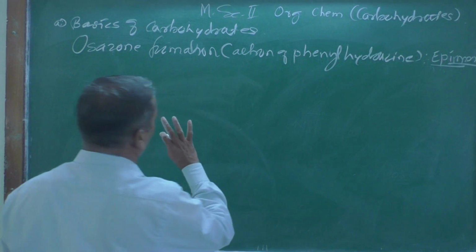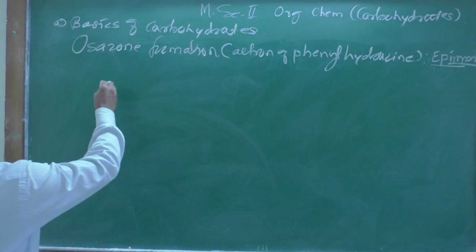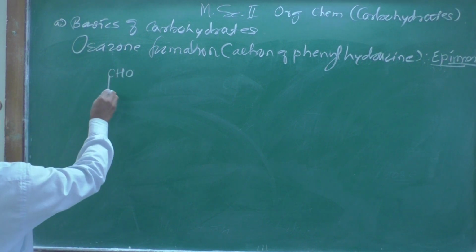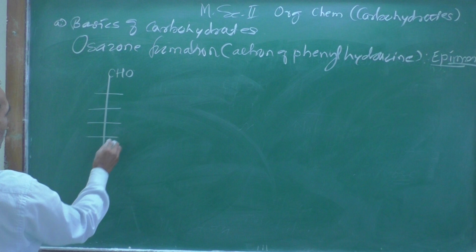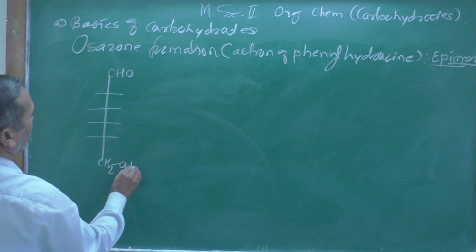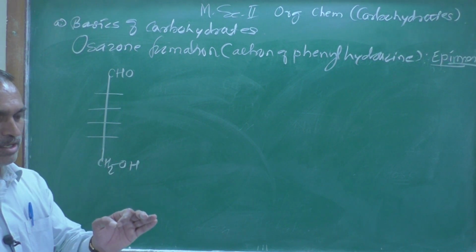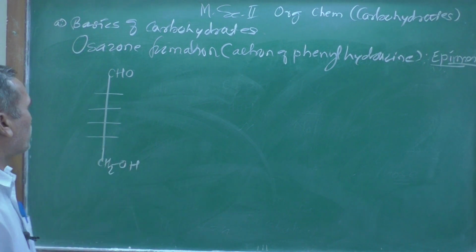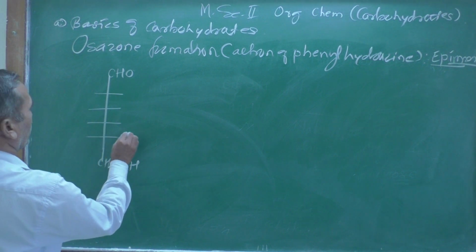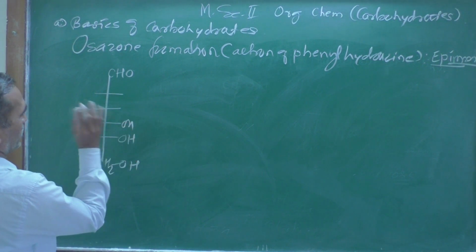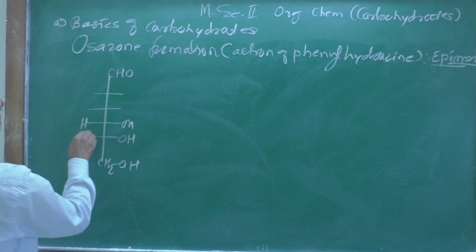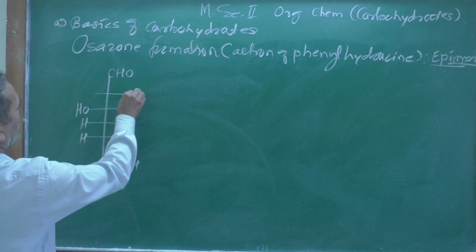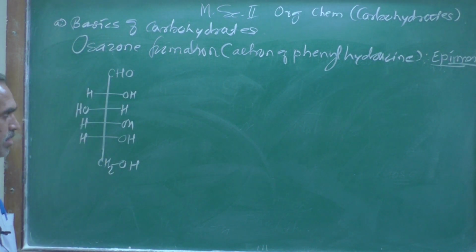Let us suppose we are writing here the general structure of glucose, CHOH, as we know, 1, 2, 3 and 4, and then CH2OH. This is a general way of writing glucose as a Fischer projection formula, with OH, 2 OH on the right hand side, hydrogen, the third one on the left hand side, again the fourth one on the right hand side.